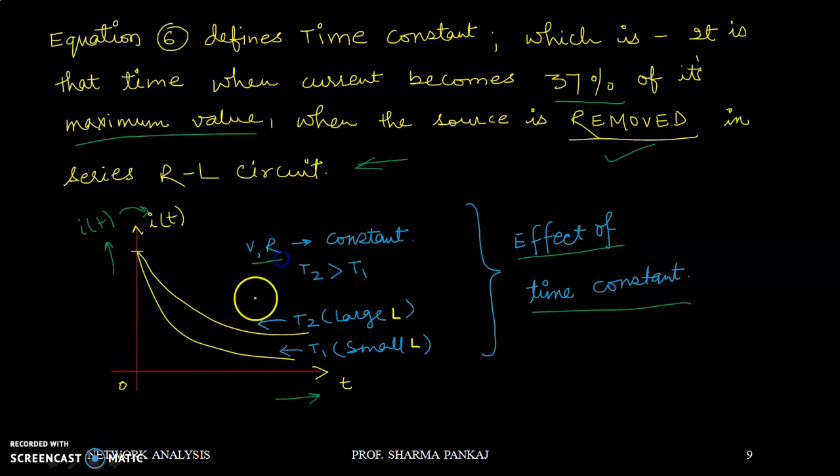Consider V and R, voltage and resistance, constant, and we have taken two time constants, T2 greater than T1. So this is T2 which has large L, and this is T1 which has small L. This is the effect of time constant on time response curve.